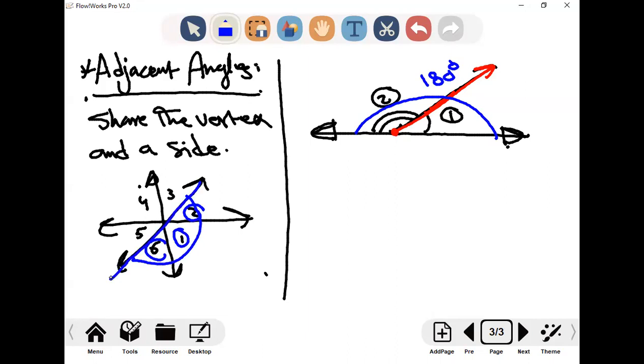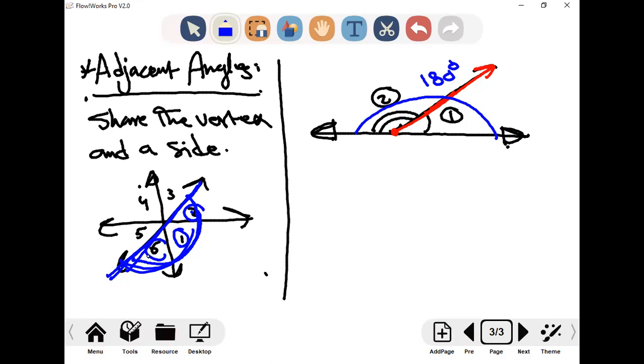So 2, 1 and 6 are adjacent, because they are on a straight line. So if you add 2 and 1 and 6 together, the answer should be 180 degrees. Do you understand the idea?